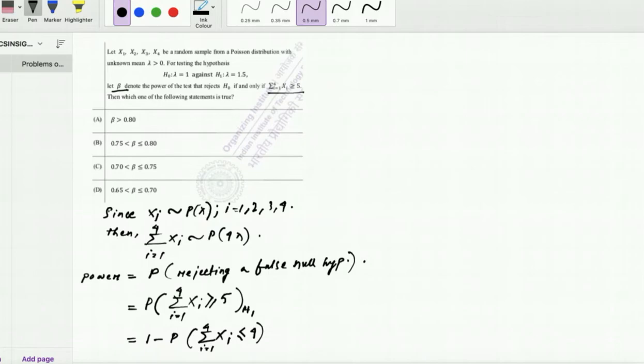Then we compute it. 1 minus probability. Let us denote summation Xi as U: U equal to 0, U equal to 1, U equal to 2, U equal to 3, plus probability of U equal to 4 under H1.